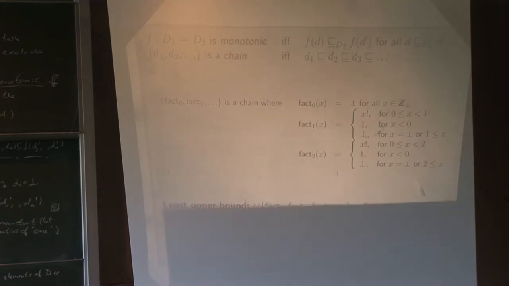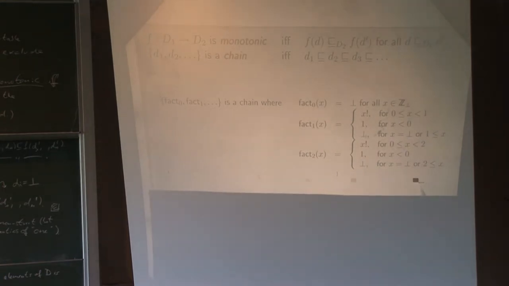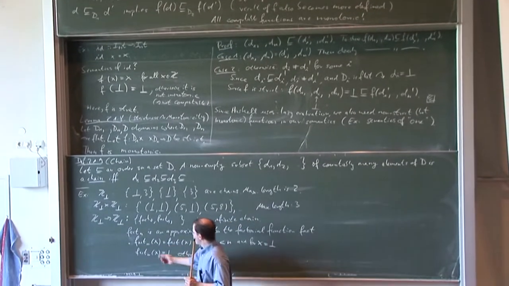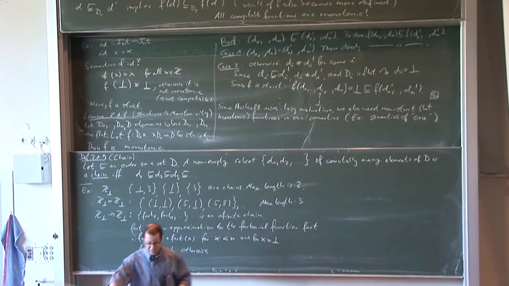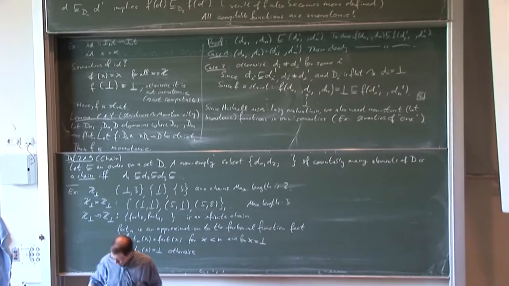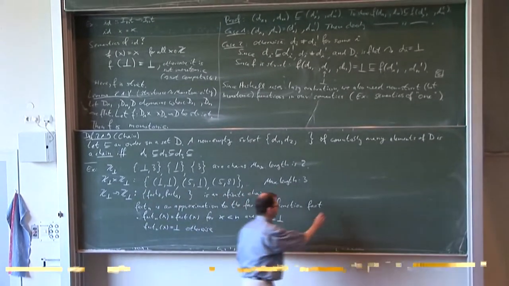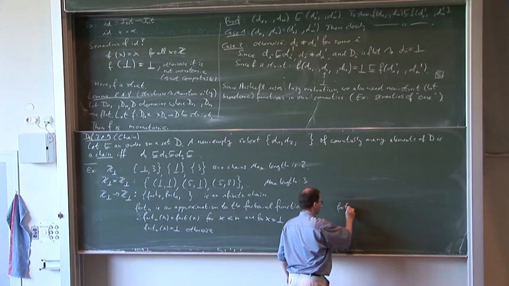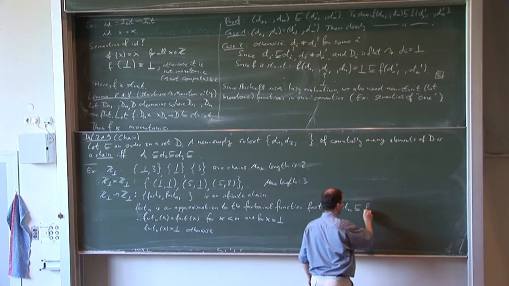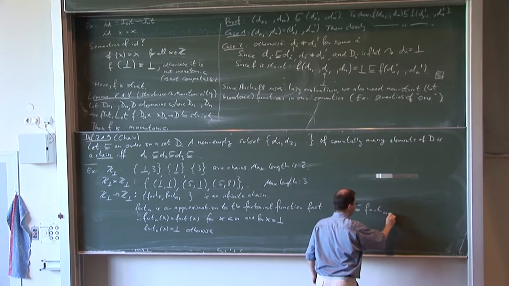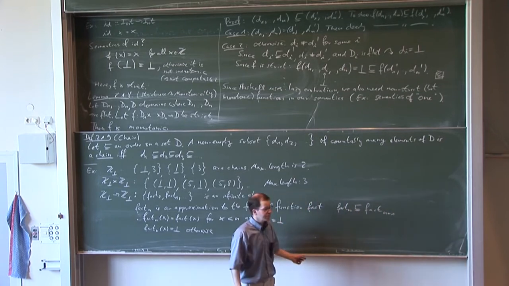So this I drop at the moment. What we can see is we can define infinitely many functions like this, and they get more and more defined. And indeed, we do have the fact that fact n is less defined or equal than fact n+1. And why is this the case?